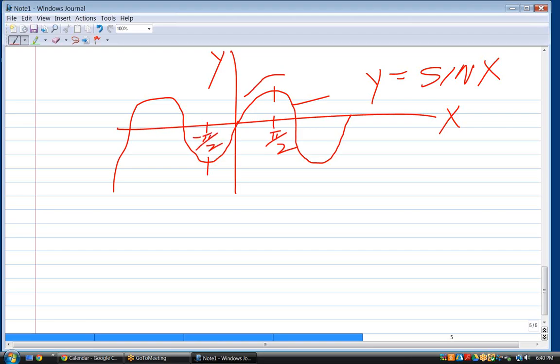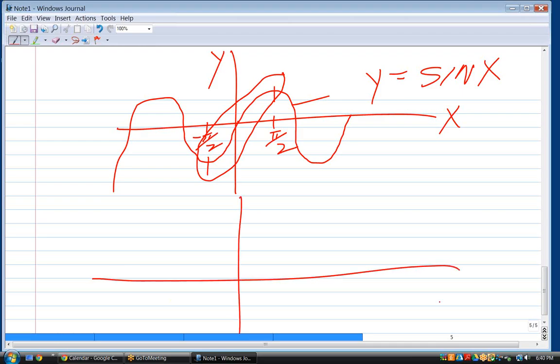If I talk about only that part of the sine function, then I do have an inverse sine function that looks something like, not real good at drawing these, but I'll try. I don't know if I did that right or not. Let's see. Yeah, not bad. Close. Okay?